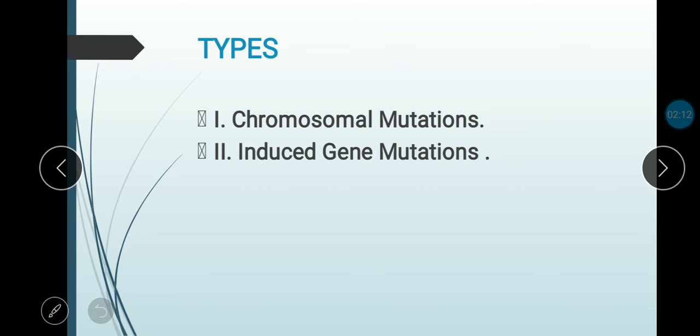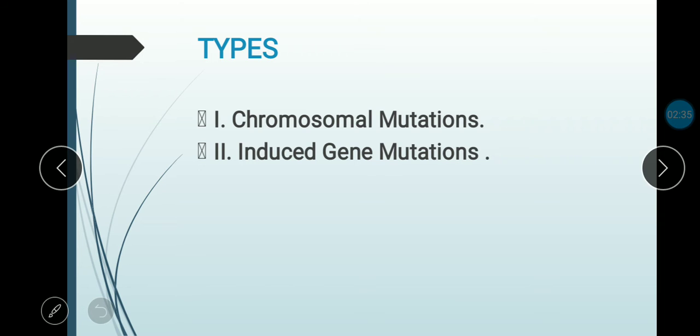Natural means the cell naturally shows mutation, that is a sudden change in genetic material during cell division. But in some cases mutations are made artificially.